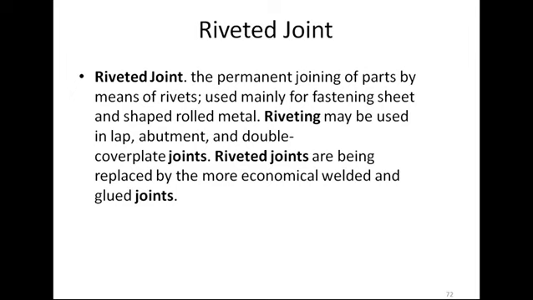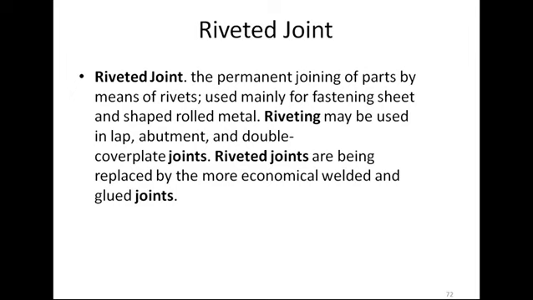And there is another type of method, the permanent joints. Today we are going to learn about the riveted joint, and riveted joints are permanent joints. As per the guidelines, riveted joints are the permanent joining of parts by means of rivets, used mainly for fastening sheet and shaped rolled metals.